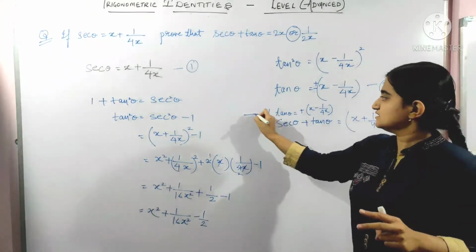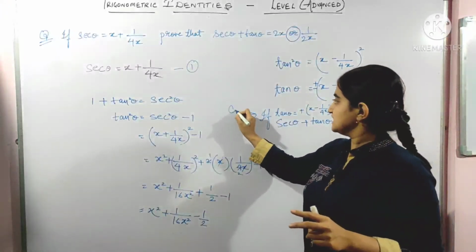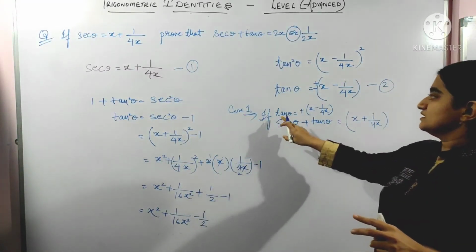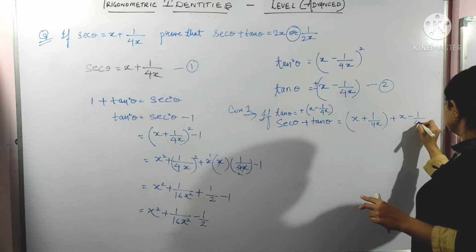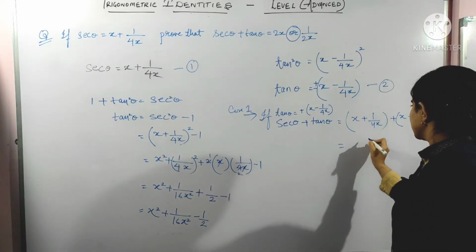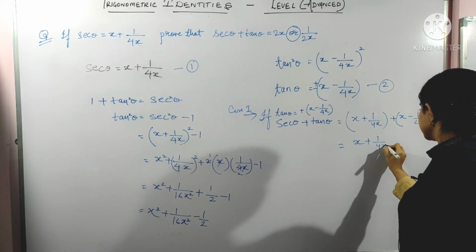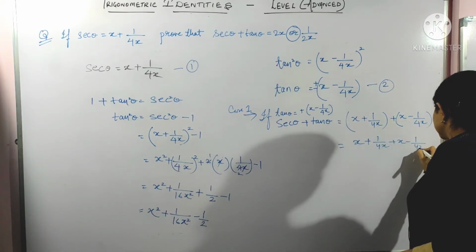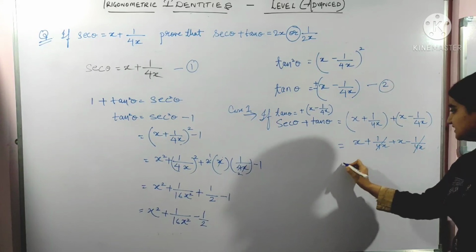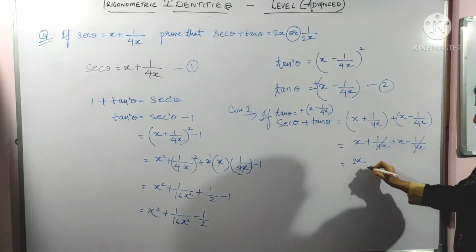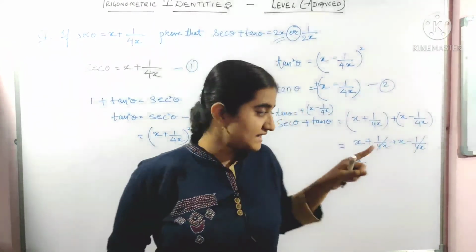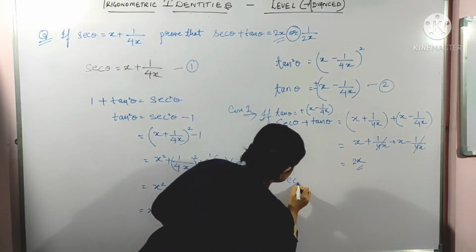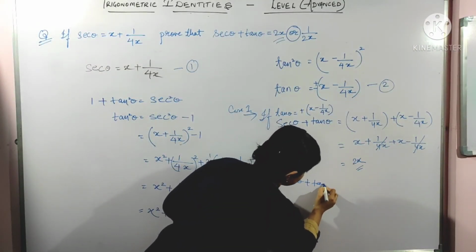Then x plus 1 by 4x plus x minus 1 by 4x, these cancel and we get 2x. So we got 2x.